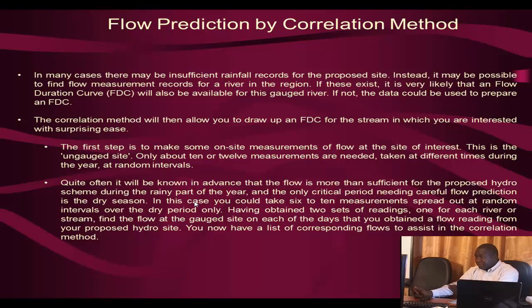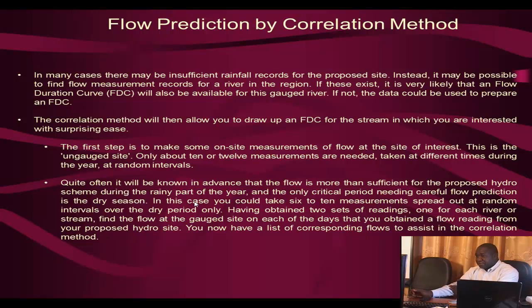If this exists, then it is likely that a flow duration curve will also be available for the gauged river. However, if the flow duration curve does not exist, then we need to prepare one. The correlation method will then allow you to draw up a flow duration curve for the stream in which you are interested.